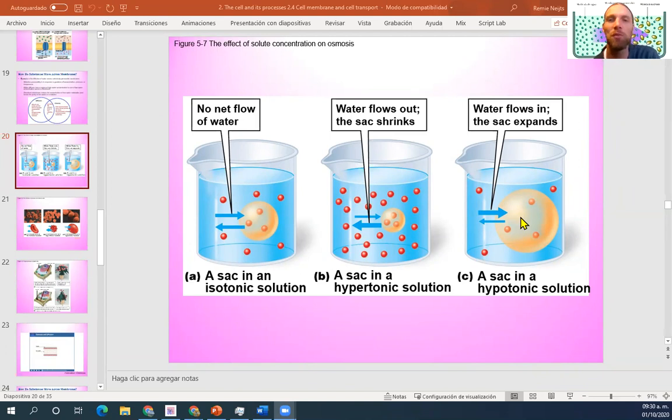Then we put one piece of potato in normal water from the tap, and the other piece we put in salty water. So we make seawater. We put 6 grams per 100 milliliters of salt, which is more or less the concentration of seawater. We put the other piece of potato in seawater.